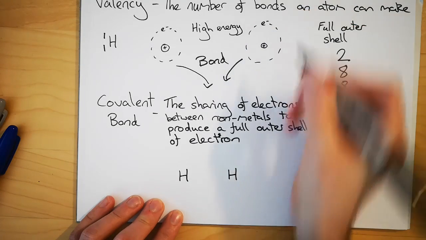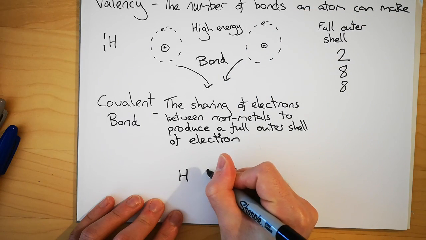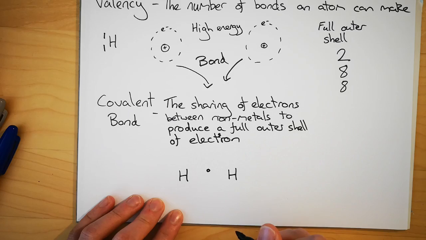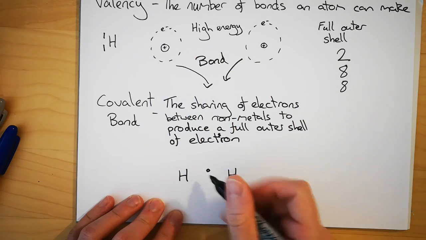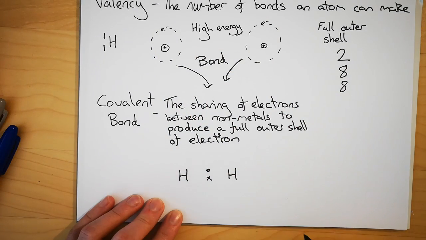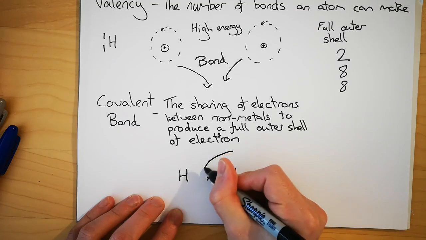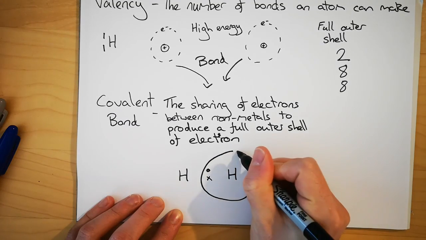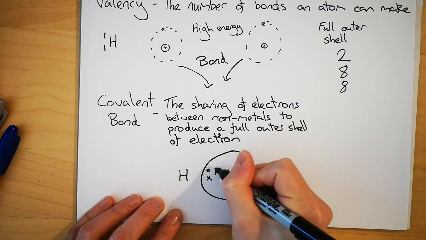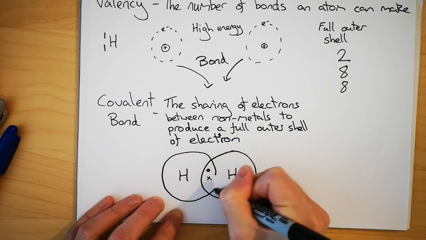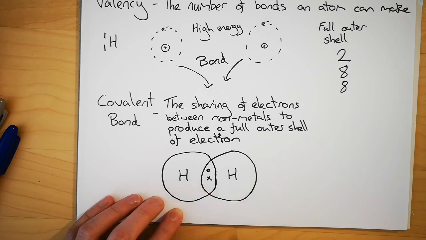The electron here I'm going to show as being a circle, and this electron here I'm going to show as being an X. And then, to show that these are being shared, I'm simply going to draw as best I can a circle around the hydrogen and the electrons. That places our electrons in the centre.